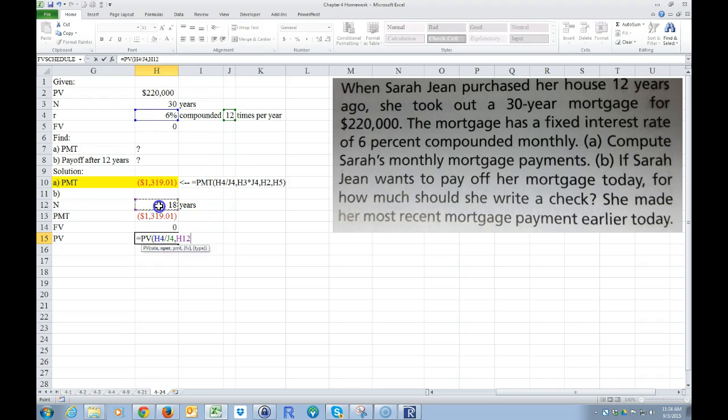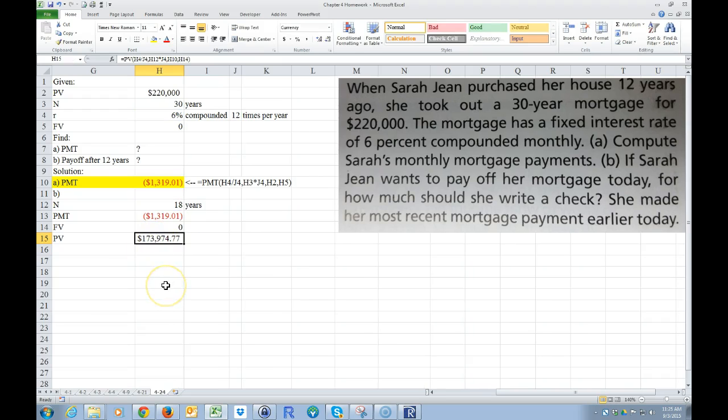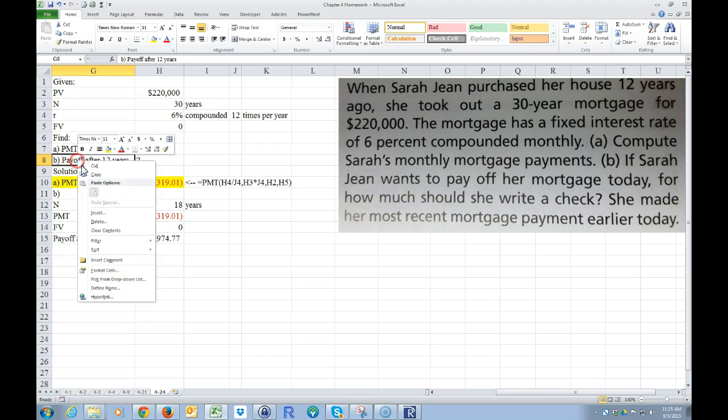Number of periods is going to be this times this. We already have the payment calculated, right? And the future value is 0. So the payoff is $173,974.77. Okay, so that's how much you owe after 12 years. You still have 18 years left to pay. So we call this the payoff. Let's just go ahead and copy this.